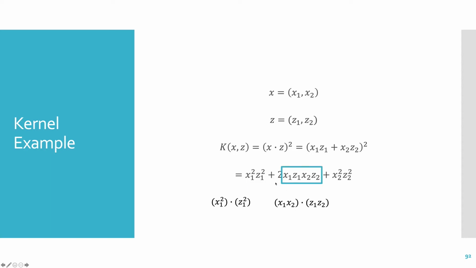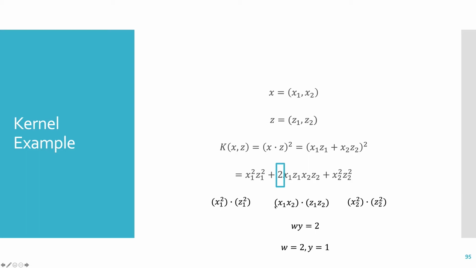Let's ignore the 2 for now. We could take the dot product between x1, x2, and z1, z2, and we would get this term. Notice how there's x's in one and z's in the other. We're not mixing them up. Now for the third term, we could take the dot product between x2 squared and z2 squared, and that would give us this. Let's go back to this 2.